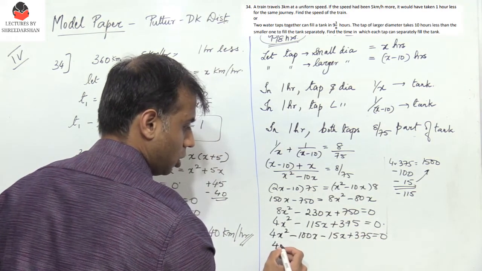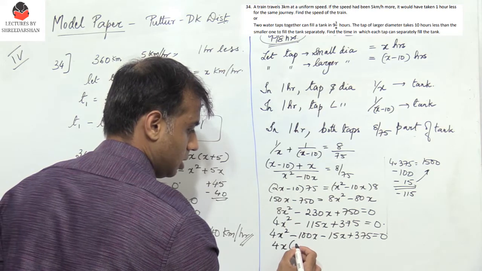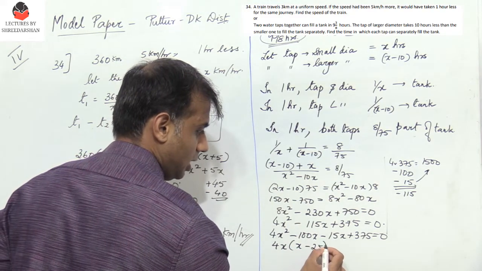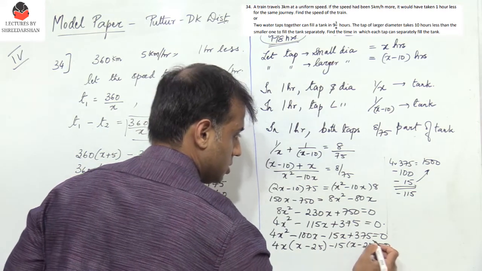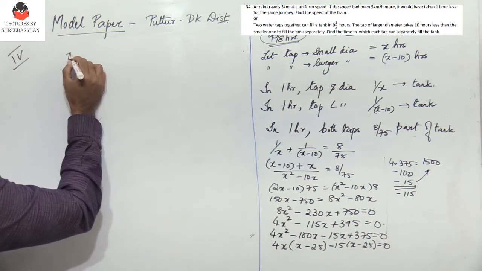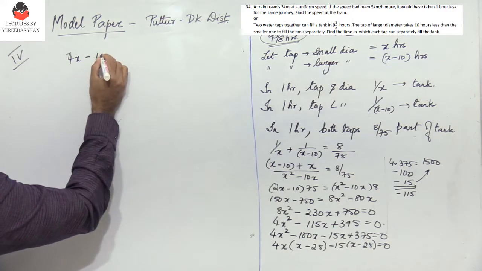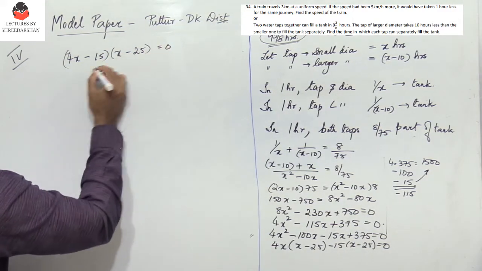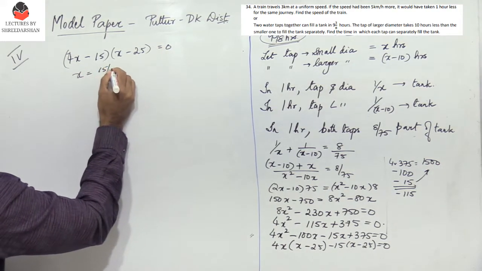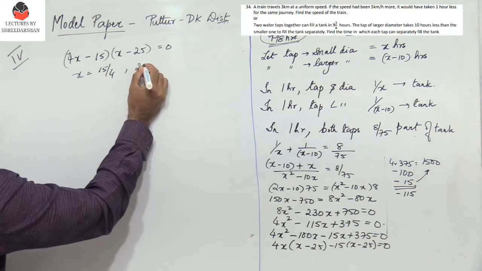So you take 4x common, so you get x minus 25 minus 15 times x minus 25 equals 0. So 4x minus 15 into x minus 25 equals 0. So x can be 15 by 4 or x can be 25.